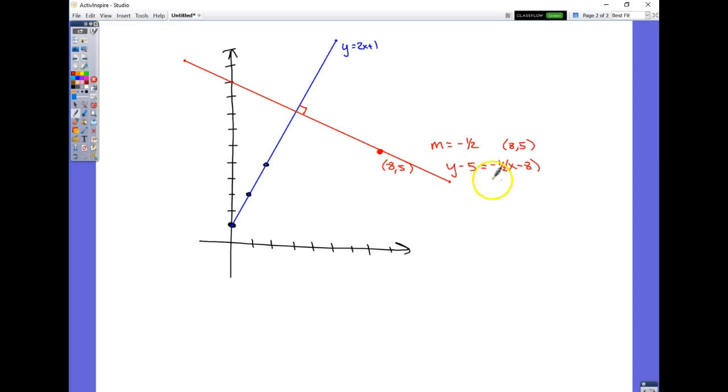And what I need to figure out is where these two equations intersect each other. So if y is equal to 2x plus 1, I can write 2x plus 1 is equal to -1/2 x plus 9, and I can start solving this problem.